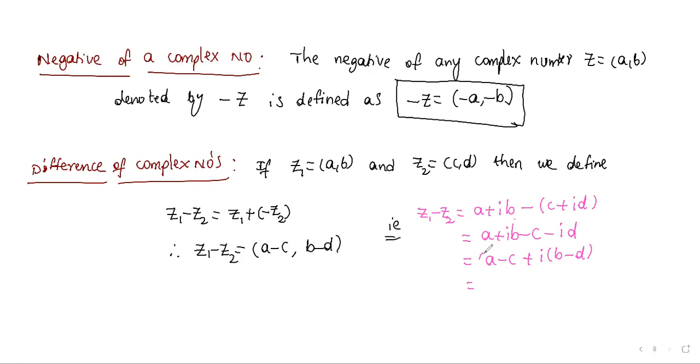This can be written as, the real part a minus c, and when writing as an ordered pair, remove the i, b minus d. So both are equal. So this is the difference of complex numbers.